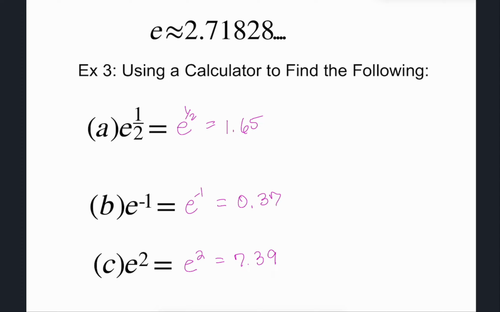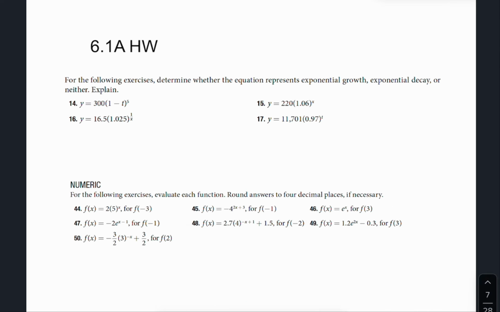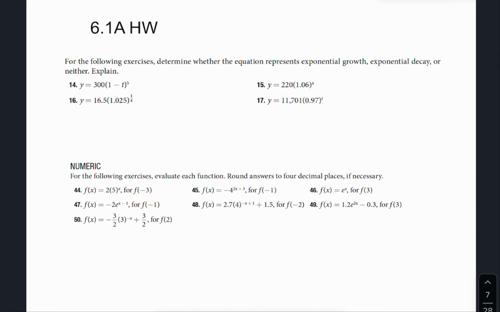So just make sure that you know how to access that on the calculator. If you don't have an e show up on your calculator, show me your calculator. I might be able to help you, or just use 2.71828. So there you are, ready to take a look at these.